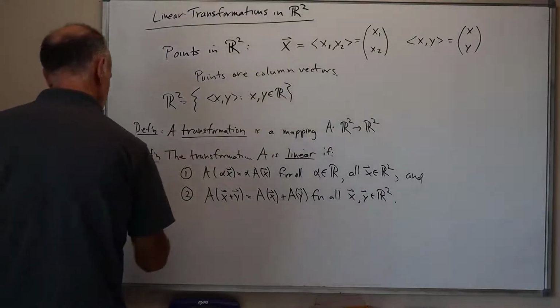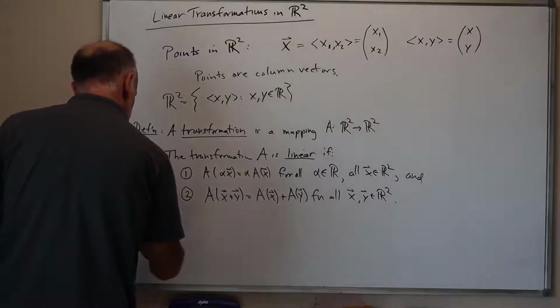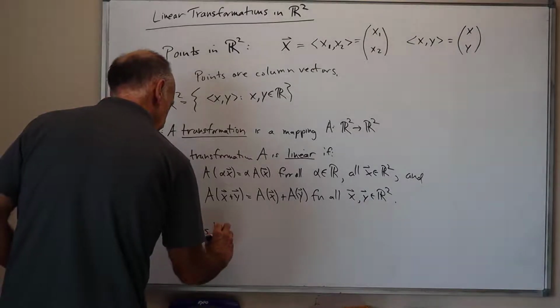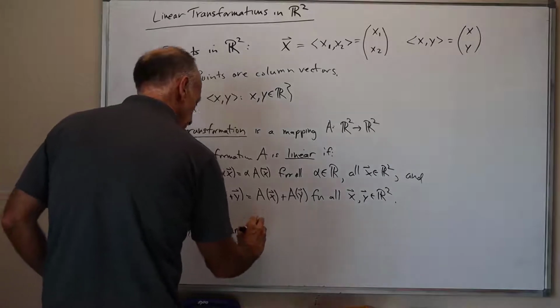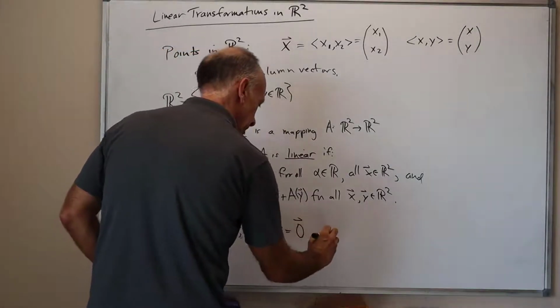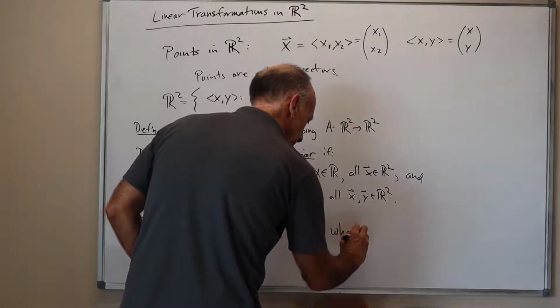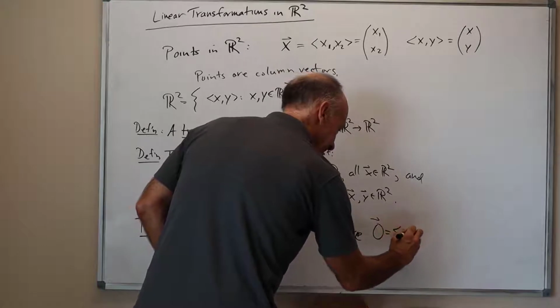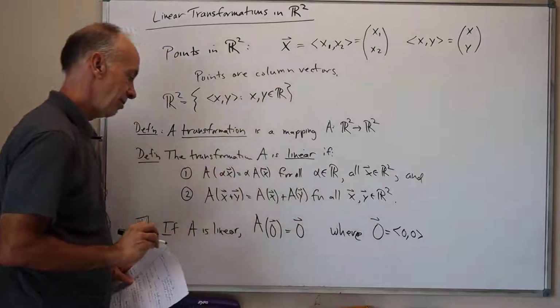So as a theorem, for instance, very simple one, if A is linear, then A of the 0 vector is equal to the 0 vector, where here's some new notation. 0 vector is the origin, the vector 0, 0.